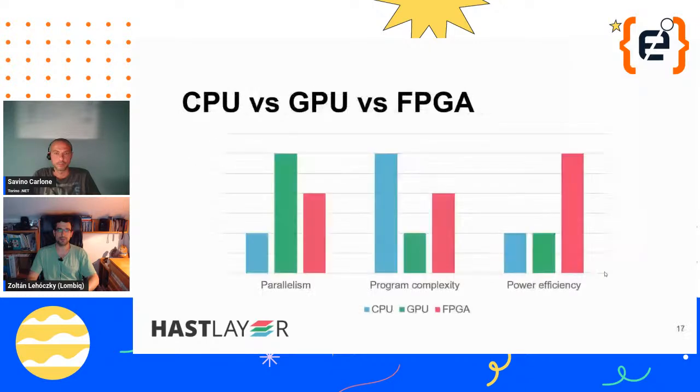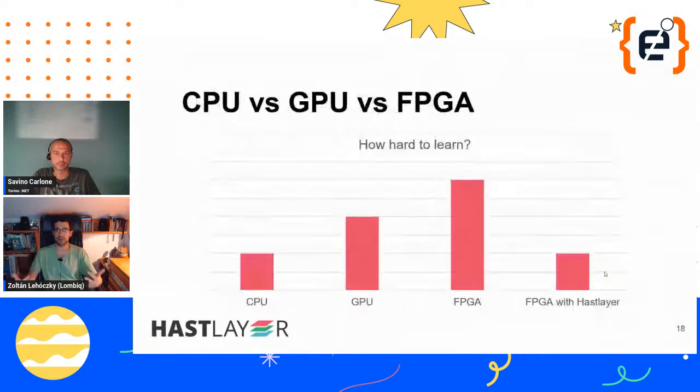And this is all great. There's one downside, though, because programming a CPU is easy enough. Programming a GPU is not much harder nowadays, but utilizing an FPGA is something completely different. You have to be a hardware engineer. It's super low level.